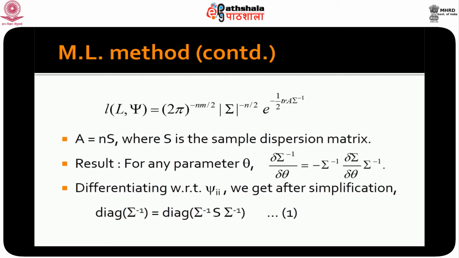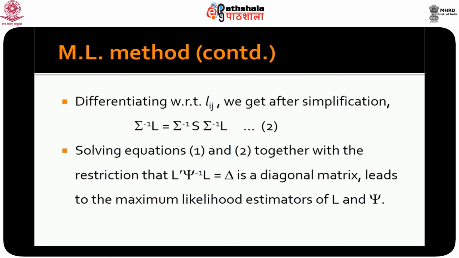We'll be using this result, and if we take the derivative with respect to psi ii, it leads us to diagonal of sigma inverse equal to diagonal of sigma inverse S sigma inverse. So that is the first set of equations that we have. Now suppose we want to do the derivative with respect to the other parameters.